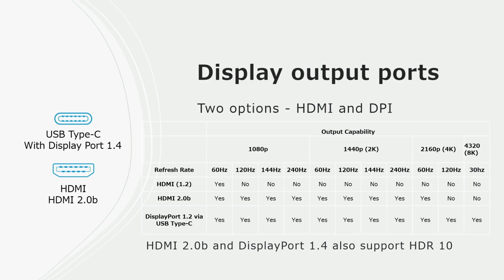HDMI 1.2 is an older standard still in use in some entry-level laptops, but most of the laptops now use HDMI 2.0B and DisplayPort 1.4. The DisplayPort 1.4 is the current king of output standards. Thunderbolt 3 is also using DisplayPort 1.4 standard, supporting two 4K displays or one 8K display.